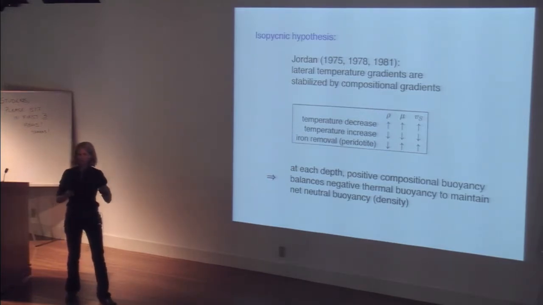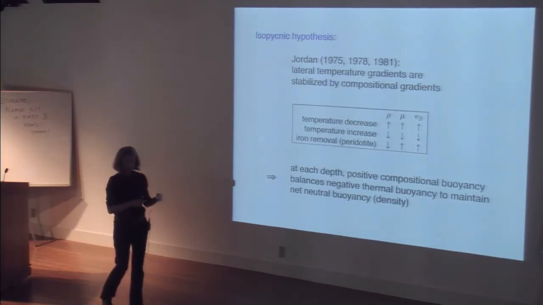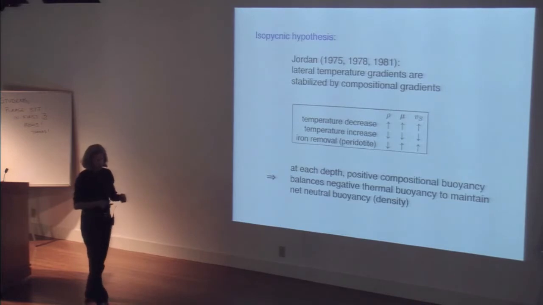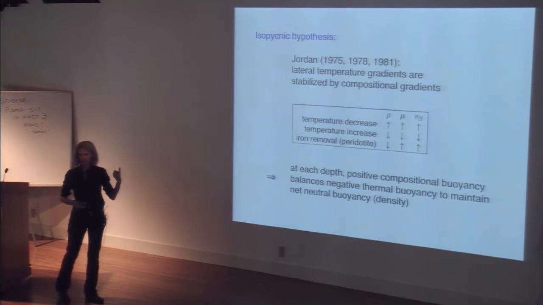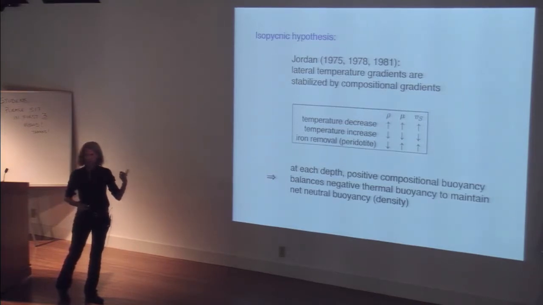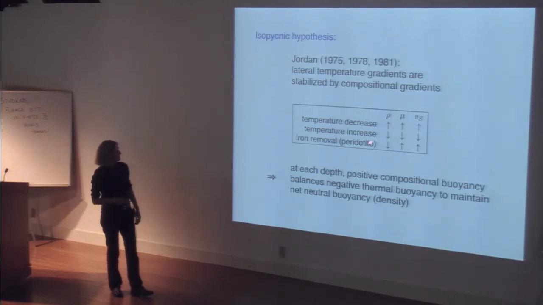So we're making it denser because we're making it colder, but maybe we can balance that excess density by reduced density from composition. That is, let's say that we extracted an iron-rich melt from those cratonic roots. We take out iron. What does that do to the density? Density decreases, right? So if the temperature decreases, density goes up. If we take out iron, it goes down.